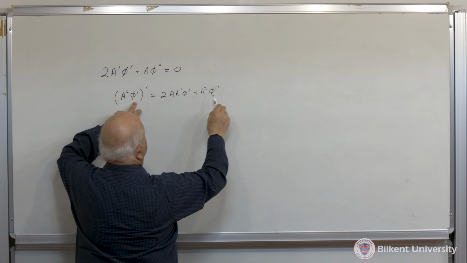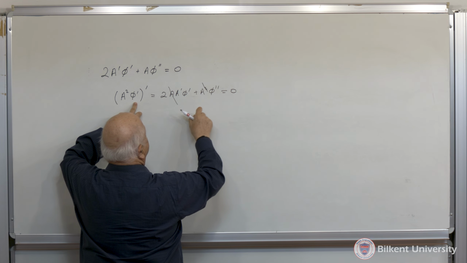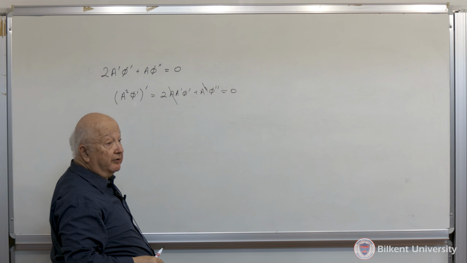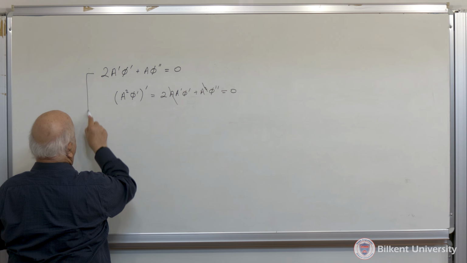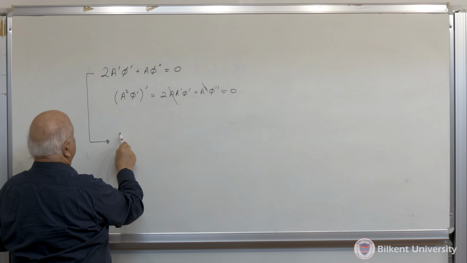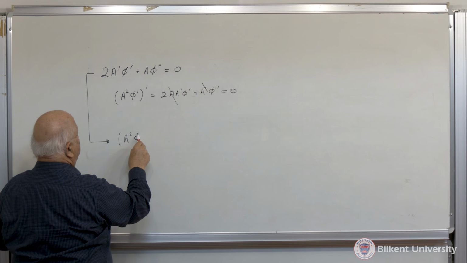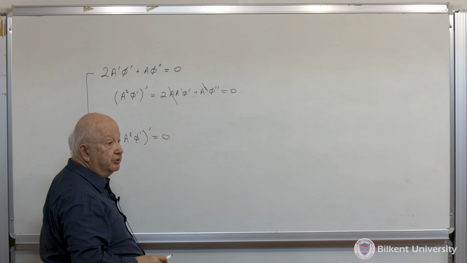If I set that equal to 0, one factor of a will cancel, and it's exactly the same equation that I have there. So this equation implies that the derivative of a squared phi prime is equal to 0.